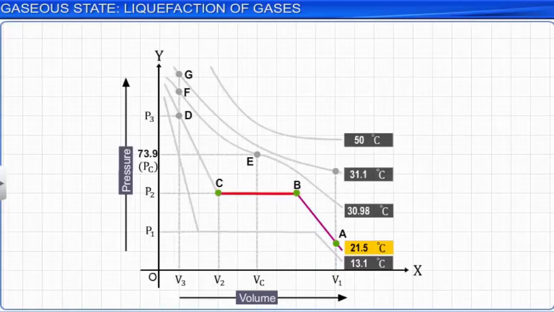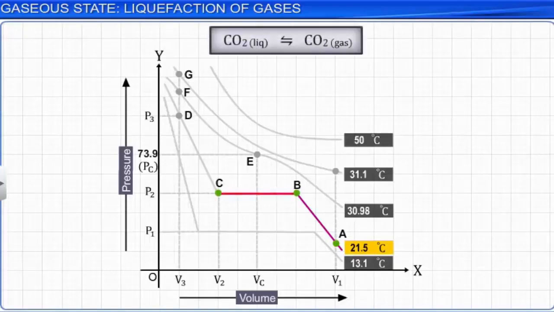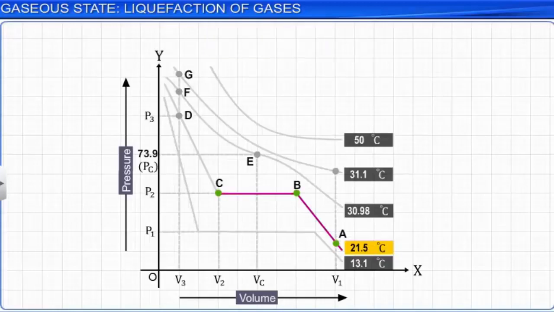Both liquid and gaseous carbon dioxide coexist in equilibrium along the line BC. At point C, the liquefaction is complete, and the increase in the pressure has little effect on the volume.